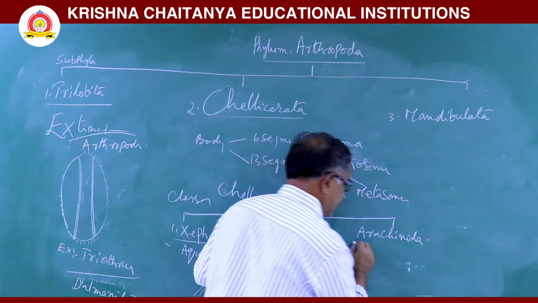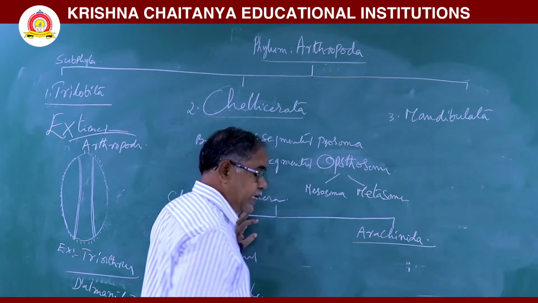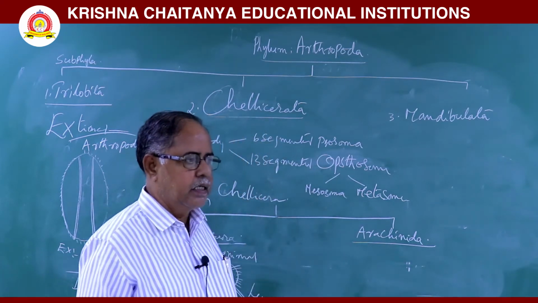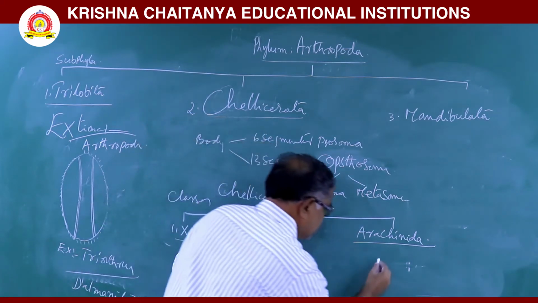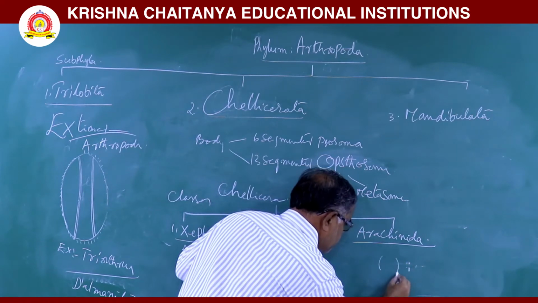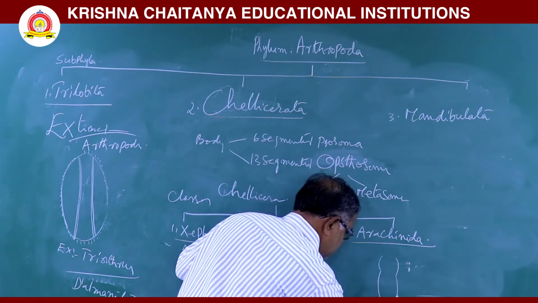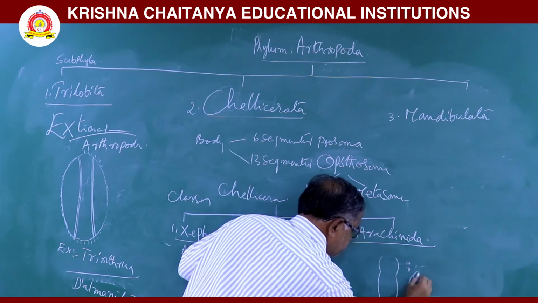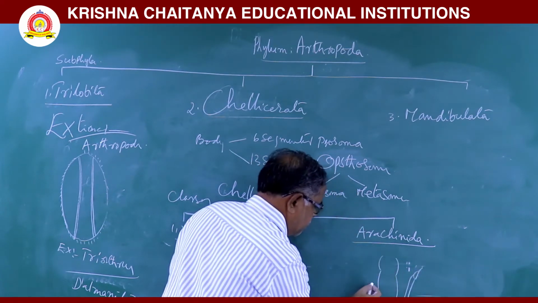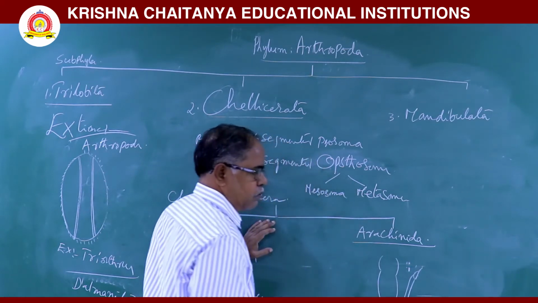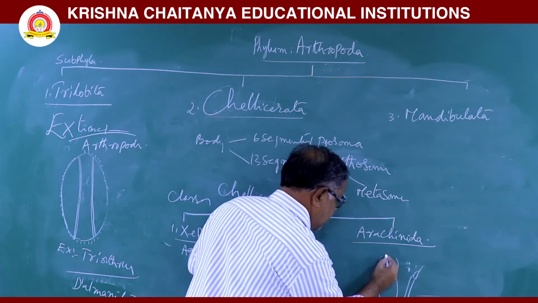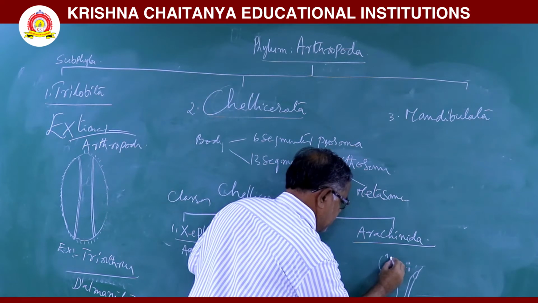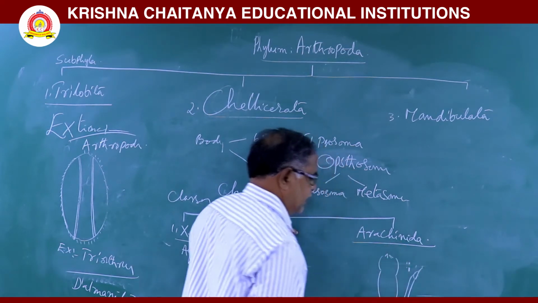Next, Arachnida. Arachnids are terrestrial animals. Here, the body is divided into prosoma, mesosoma, and metasoma. In the prosoma, the first pair of appendages are modified as chelicerae.